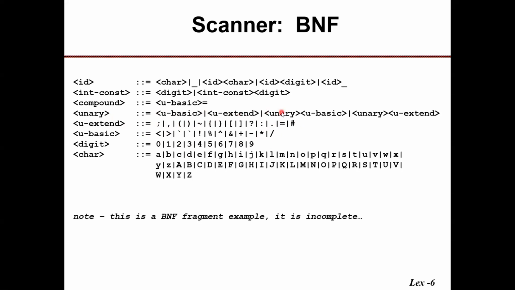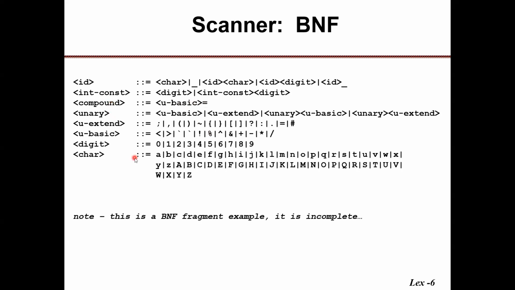Now look what happens. We said we can also have a unary followed by a UBasic, or we can have a unary followed by a U extend. You're scratching your head saying, well, wait a minute, we just said compound operators were always followed by an equal sign. Well, let's take a look at that then. Here's UBasic followed by the equal sign. There's your compound operator.